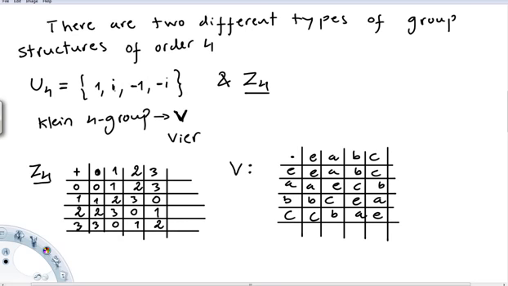Now we should try to find subgroups here. And we are going to make a subgroup diagram for Z4 and a subgroup diagram for the Klein-Vier group.